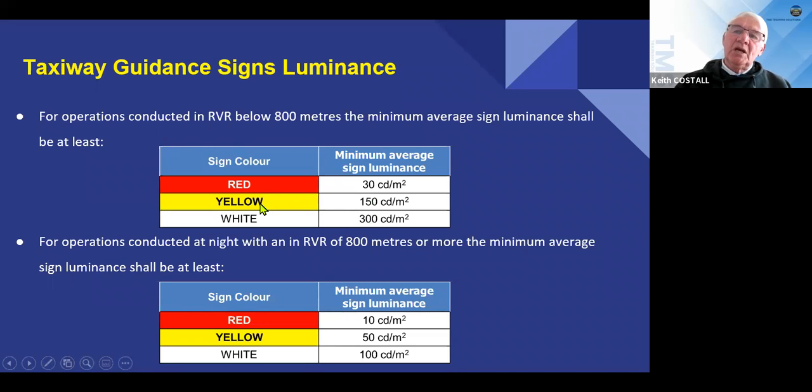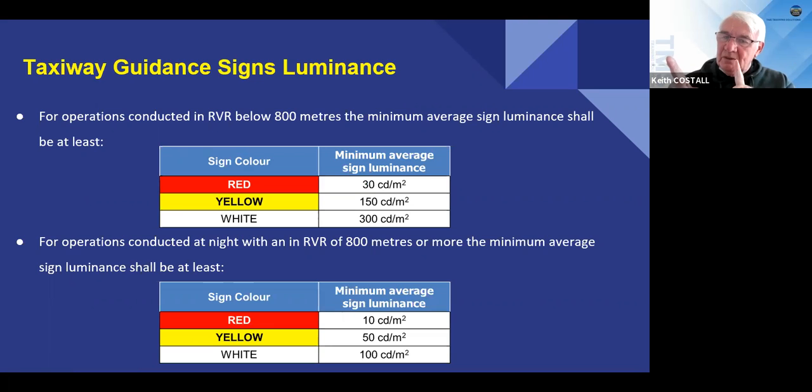And if we go to red, then there is a reduction again associated with it. We also have to take into consideration those RVR conditions and that 800 meters visibility I spoke about. The overall visibility is either above or below 800 meters.